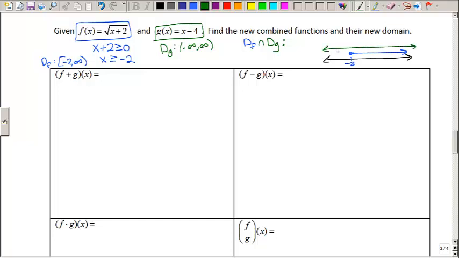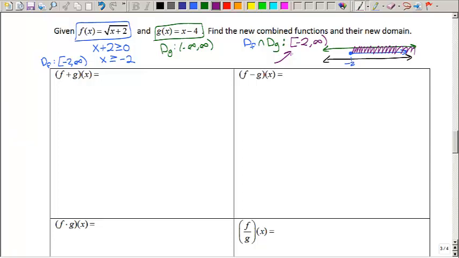But again, this is a combined party here, and we only want values that satisfy both the blue and the green functions, and the only part that would satisfy both would be from negative 2 until infinity, because both lines are satisfied in that interval. So all of the combined functions that we're going to find in the next 4 examples have a beginning domain of negative 2 to infinity.